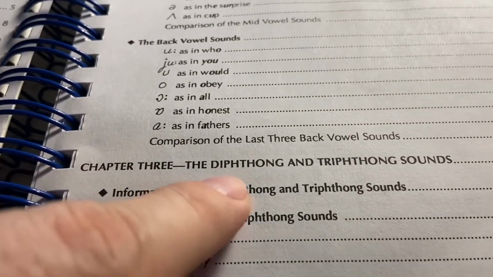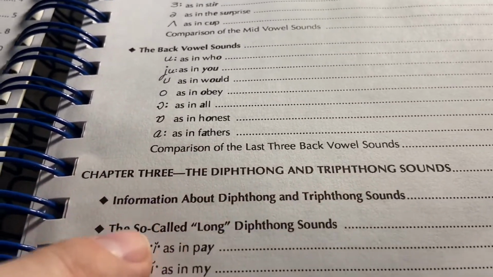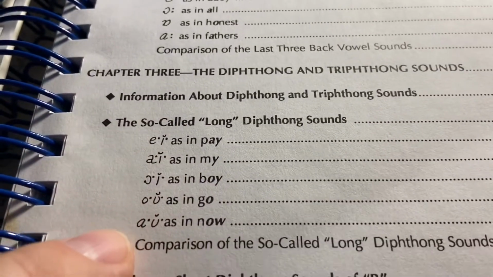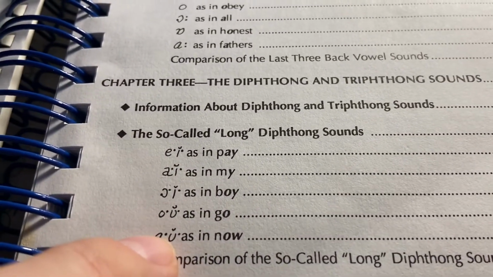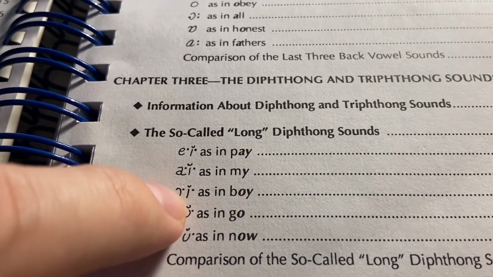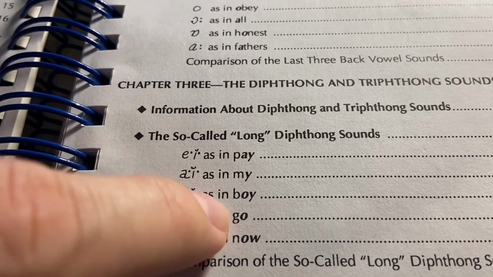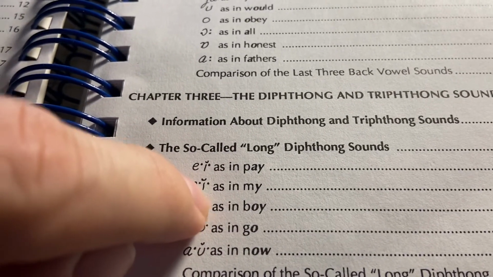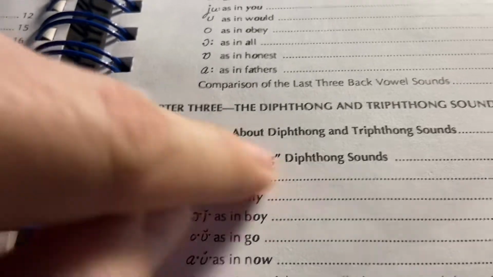We also study the diphthong and the triphthong sounds. And these show some of them. Here's the A and the U as in 'now', or the A and the U with this little umlaut looking thing as in 'go'. And the backward C with the I with a little umlaut as in 'boy'. And these are all interesting too.